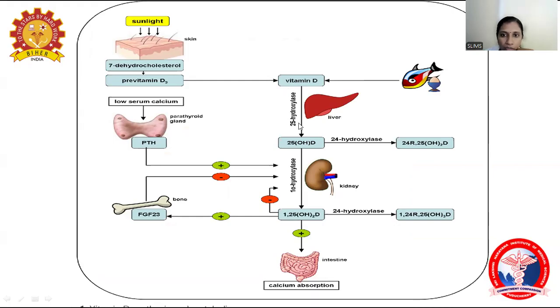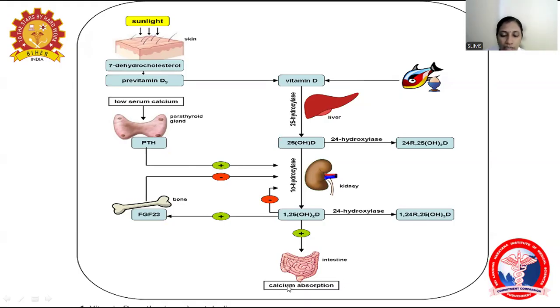In the liver, you have 25 hydroxylase to become 25 hydroxy vitamin D. And then in the kidney, you have 1 alpha hydroxylase to become 1,25 dihydroxy vitamin D. Besides this, you have another enzyme, 24 hydroxylase, giving 24,25 hydroxy vitamin D or 1,24,25 hydroxy vitamin D. These are separate things. But our main pathway you should know is 25 hydroxy vitamin D and 1,25 hydroxy vitamin D, from which it goes to the effector tissues.